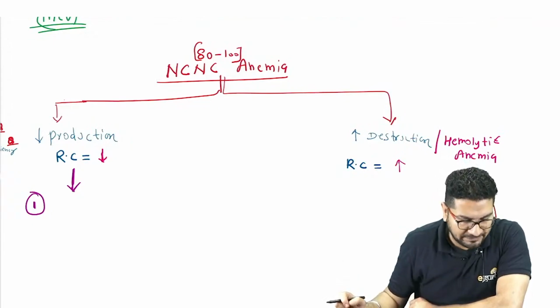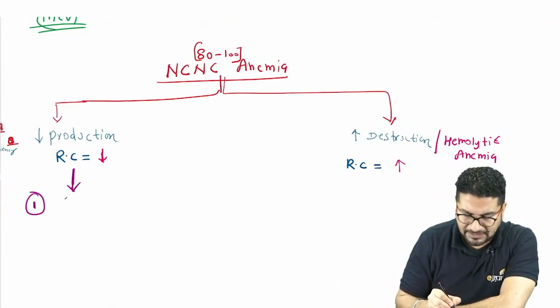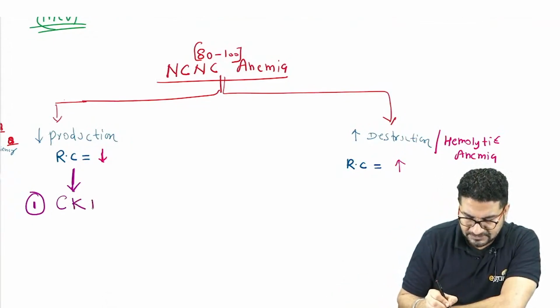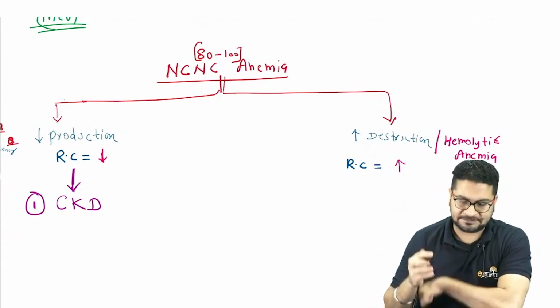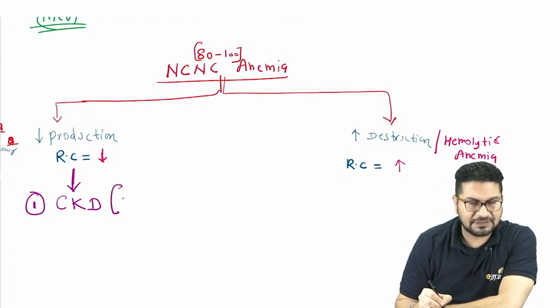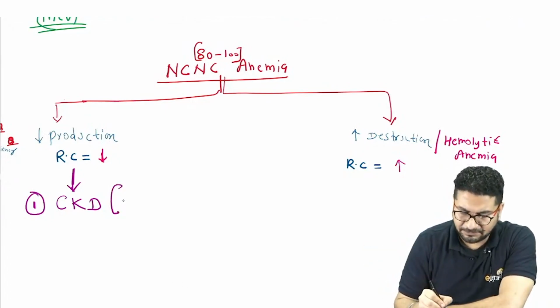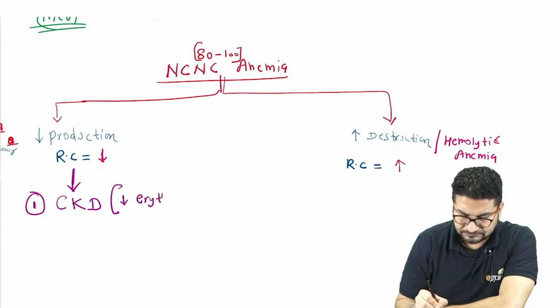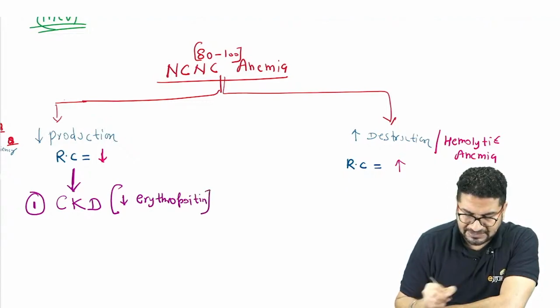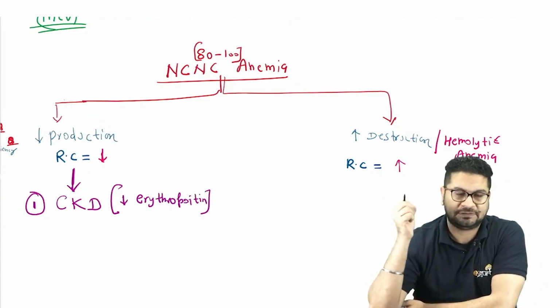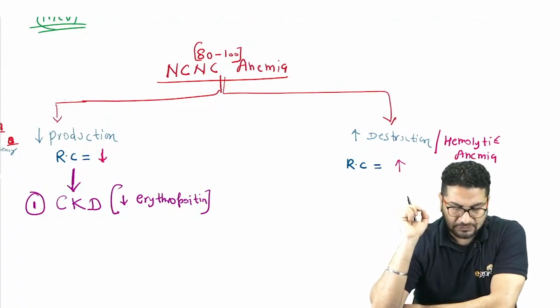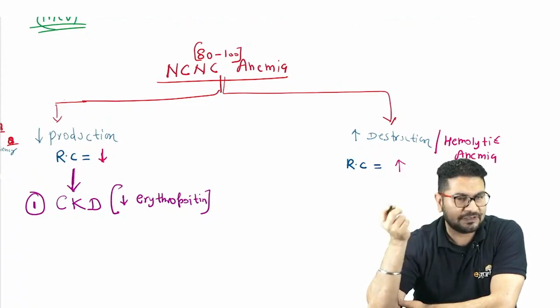Listen to me very carefully. But if the patient has CKD, end stage renal disease, the kidneys are damaged, so kidneys are no longer producing erythropoietin. And remember, this hormone is needed for erythropoiesis. So the first cause of decreased production is CKD.